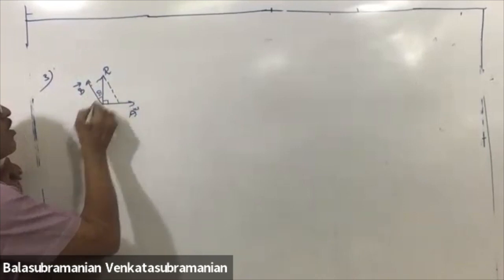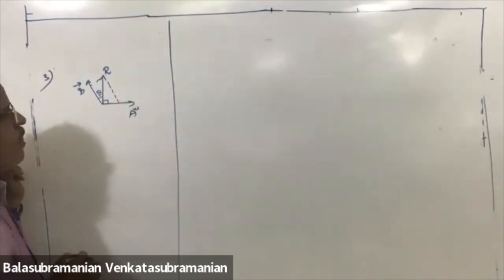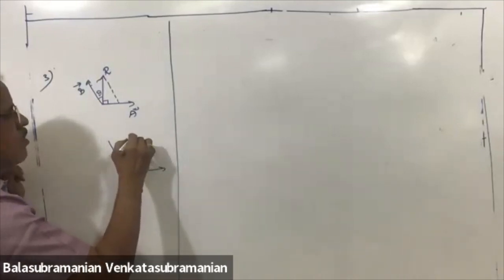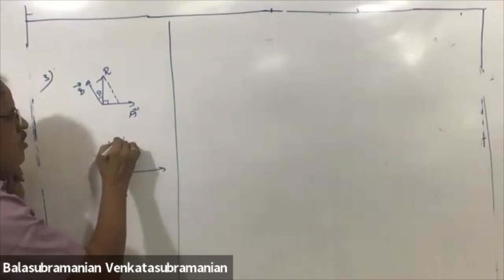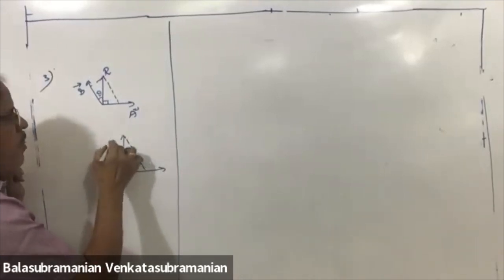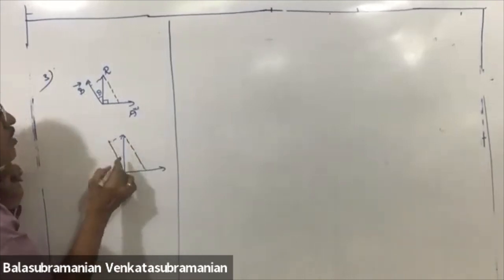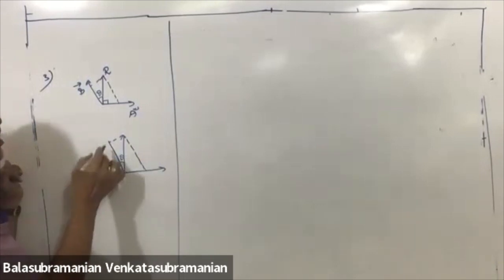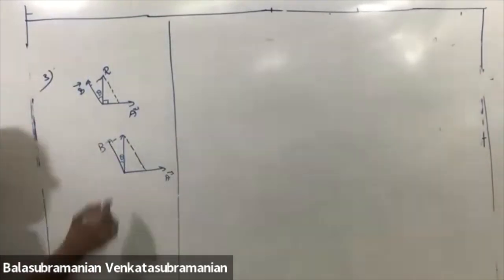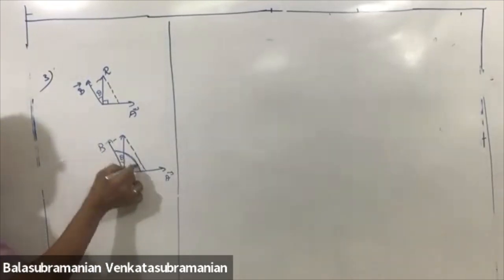This is theta. This is B. What is the angle between these two?